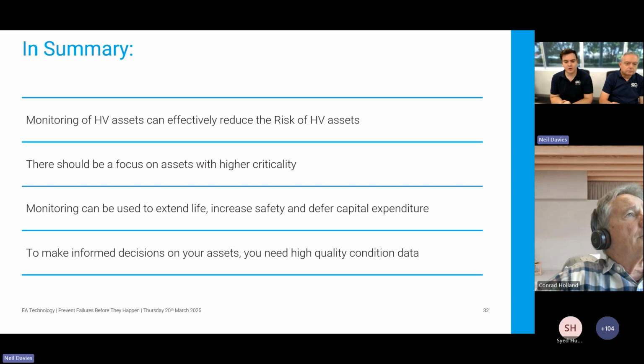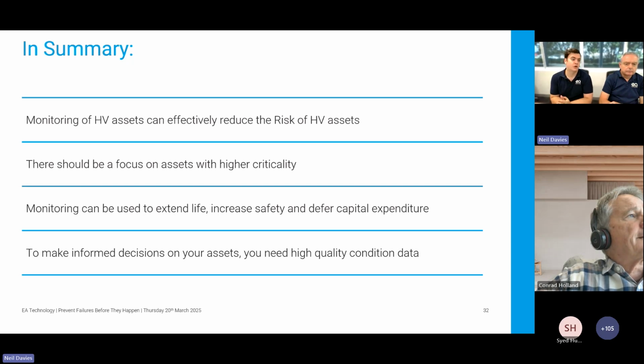The one thing with monitoring is it isn't a fit for every asset on your network. It has to be a business case, and it does have to work for the network. And you're always going to be targeting assets of high criticality. But the overall thing is, with any condition monitoring, to make informed decisions and to make good quality decisions, you need high quality condition data.